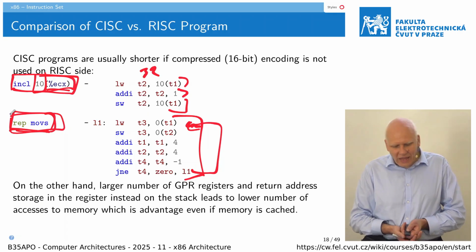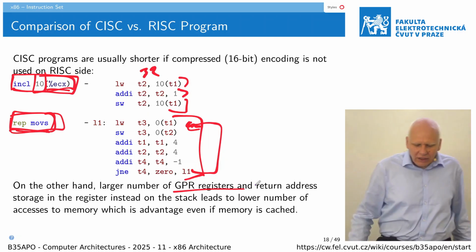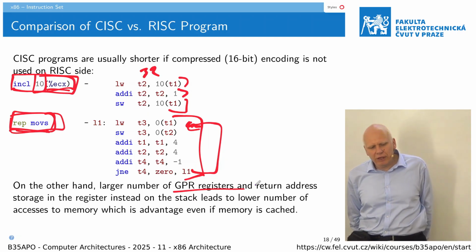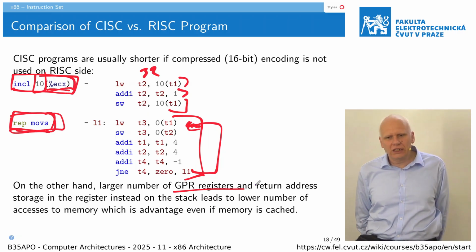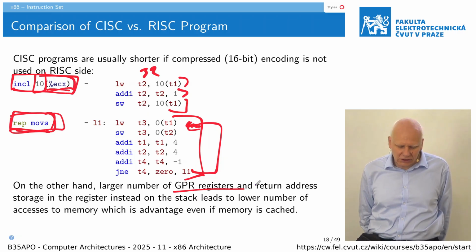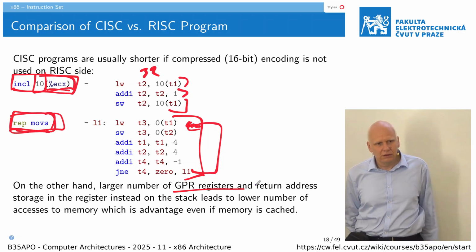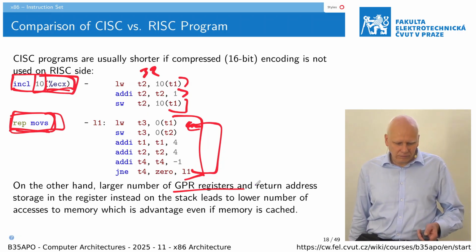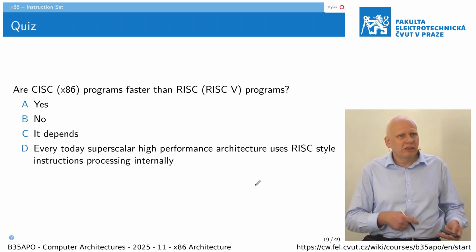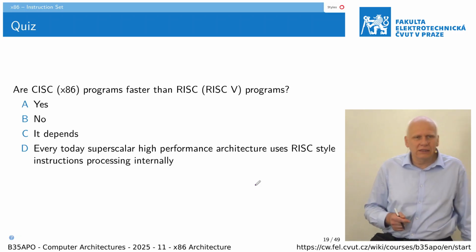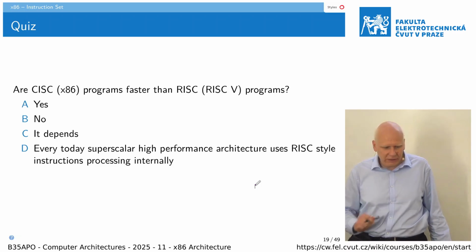And usually, thanks to the higher number of general purpose registers, you do not need to use memory for local variables so often, and thanks to the better, more modern calling conventions and so on, I think that RISC is usually a win. Okay, if you compare it with the original CISC implementation, which processes the instruction in multiple cycles with microcode and so on, then RISC is a total win for speed.